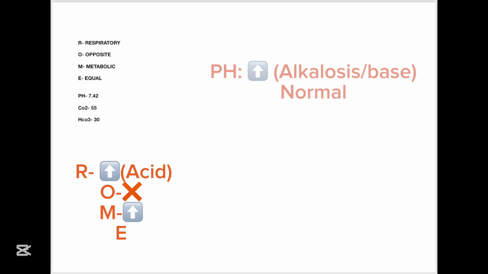And just beside it, we could put base. Then at the E, we'll give a tick, good, showing that yes, the metabolic and the pH are in equal direction. So this is a metabolic problem. And from what we've deduced, pH being high and metabolic being high, this is a metabolic alkalosis.